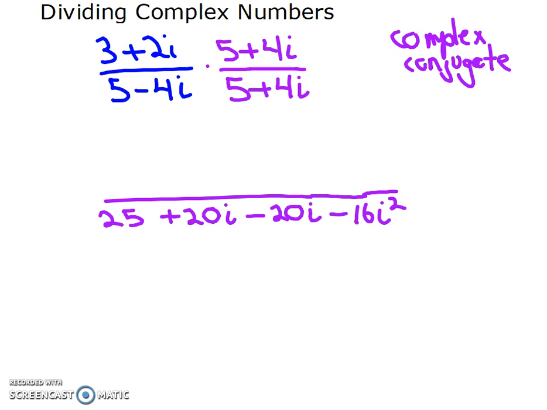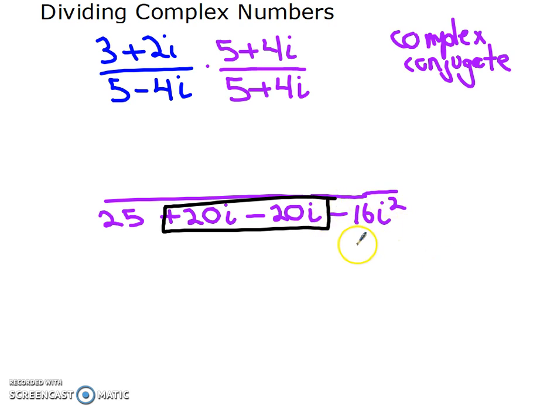Okay, so what I've done here is I'm multiplying these two fractions together, and I chose these particular numbers for a reason, and you'll see that reason right now. What are you going to get when you combine these? 0. Okay, so those just totally go away. Okay. And what does this i squared become? A positive 16.